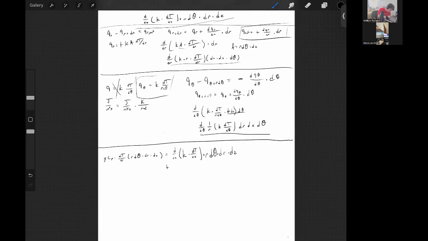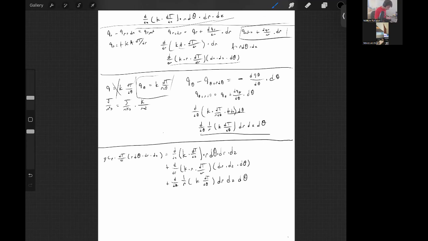And this is going to be plus dr multiplied by our thermal conductivity, multiplied by our radius, multiplied by our change of temperature in regards to a change of distance. And then this is going to be plus d theta, 1 over r, k dT over d theta, and dr dz, and d theta.